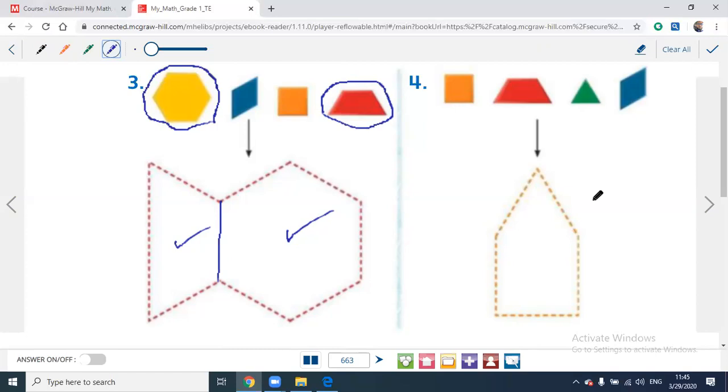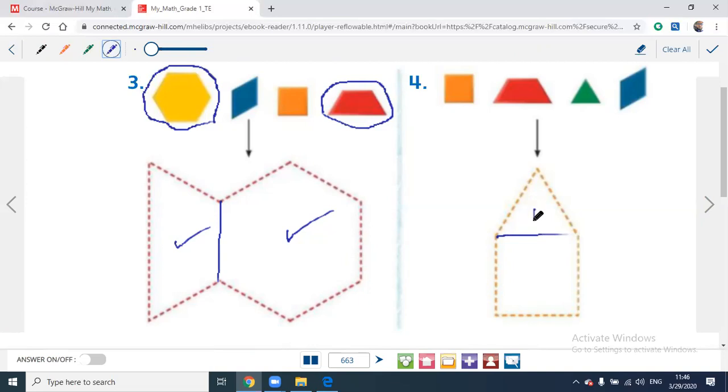Now, number 4, I have the shape, right? You can just draw a line to see how many shapes we use to form this shape. Yes, we can draw a line here. Now, what's the name of the first one?